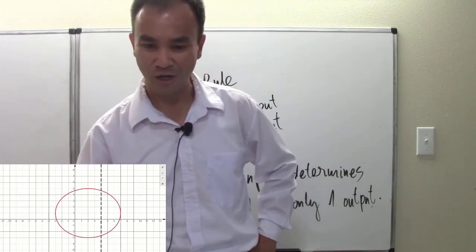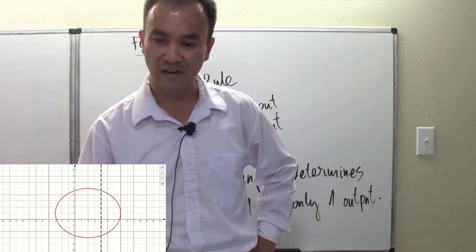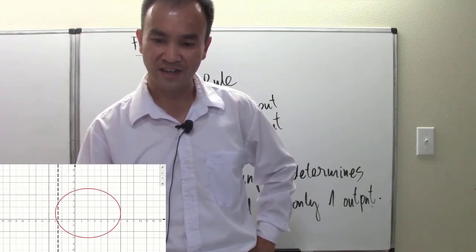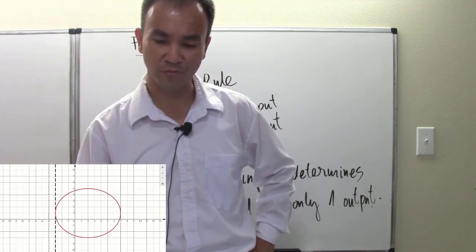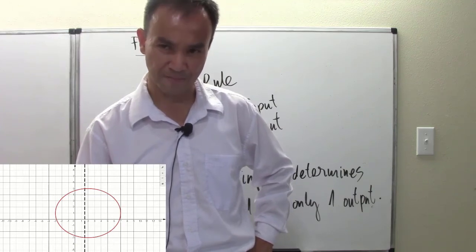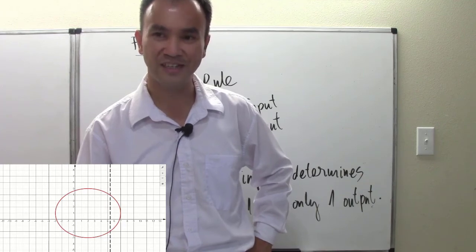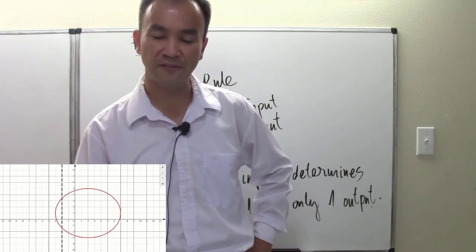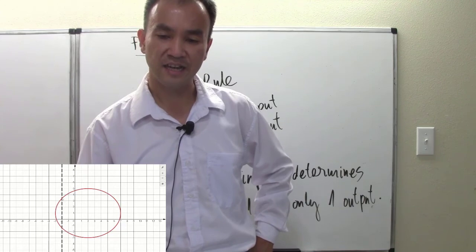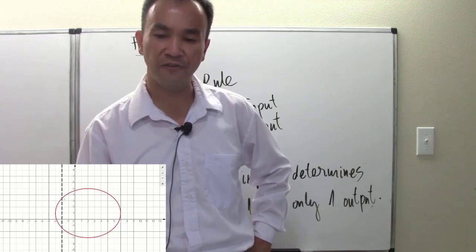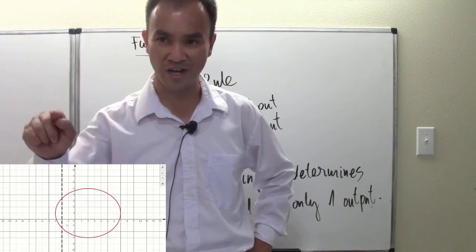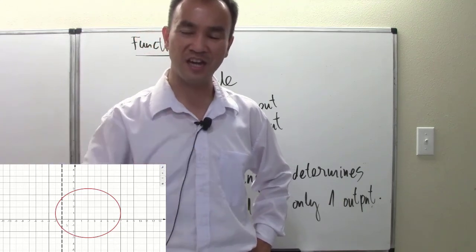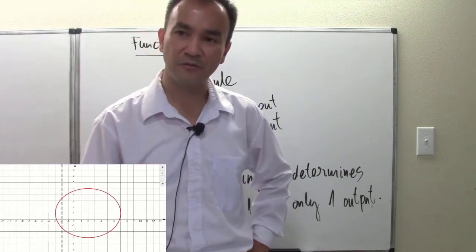The main idea is that we use a vertical line and bring it back and forth, left to right, and right to left, to detect anywhere that we violate one input coming out with two outputs, and that's where the graph fails to be the graph that represents a function.